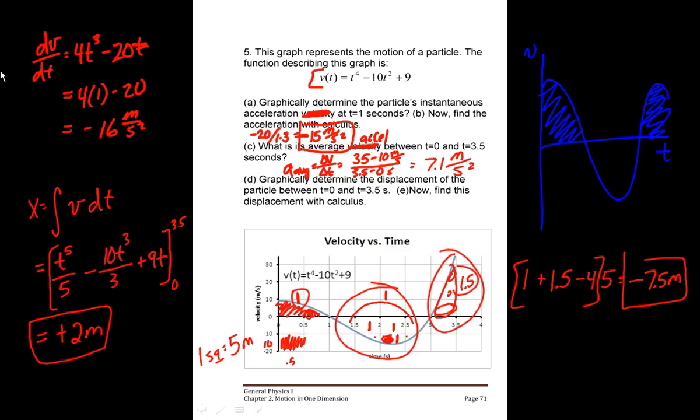And then I subtract the area above that line. And that's how I find the displacement. I add these two, and I subtract this one. We'll do this in class too, so you'll get more experience with it. But it's a good test question, okay? Dealing both with graphical analysis and also with the calculus analysis.